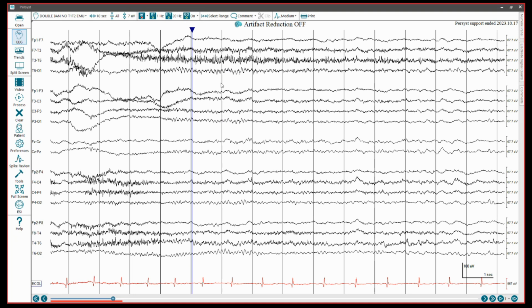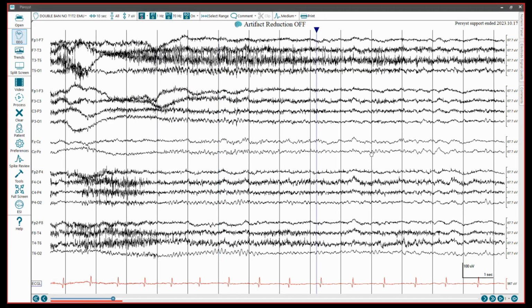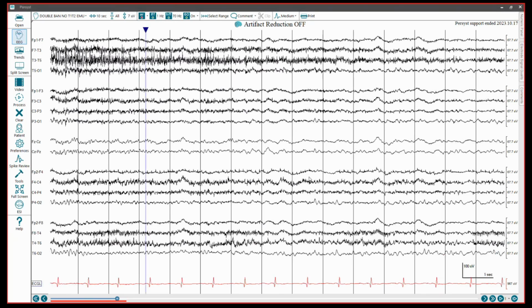So 1, 2, 3, 4, 5, 6, 7, 8, 9.5. Okay, those are the same across the hemispheres. Good representation of the PDR. Then we see some slowing down here, most likely due to some drowsiness.